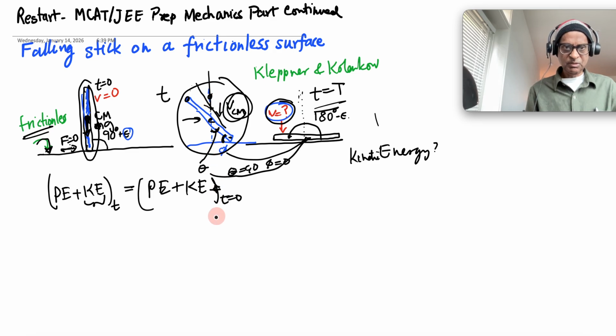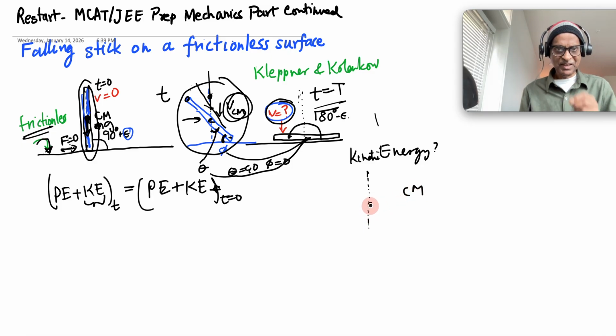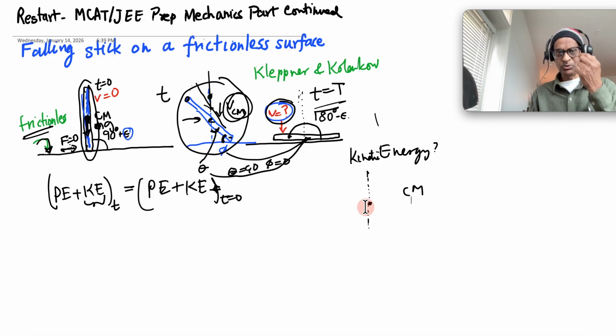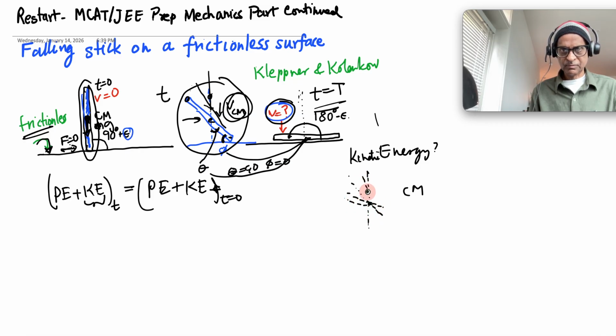If you can imagine a picture like this in the center of mass frame, with the axis coming out towards us, it's going like this: t equals 0, some other t1, t2, t3, maybe this is the time t.